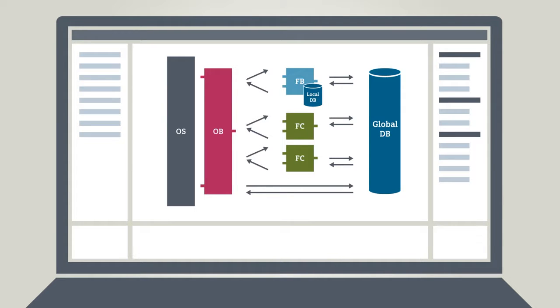Function blocks, FBs, are logic blocks that permanently store their input, output, and in-out parameters in instance data blocks so that they are also available after block processing. Functions, FCs, contain program routines for recurring tasks. They have no memory. Global data blocks, DBs, are data storage areas that can be used by any blocks.